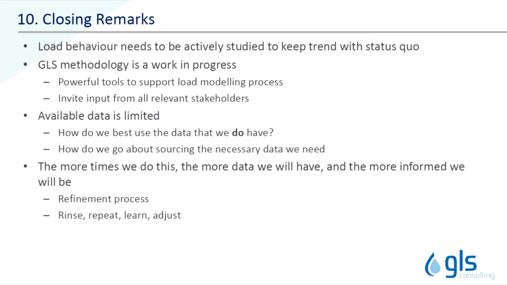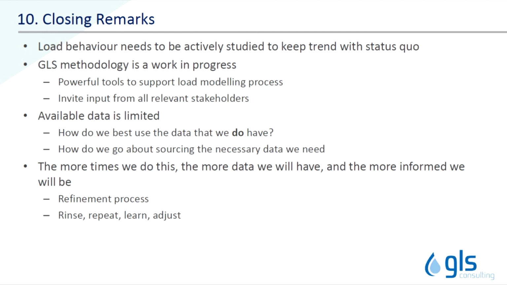So in terms of the closing remarks, load behavior needs to be actively studied to keep trend with the status quo, and that is why we have something such as the SAIEE Load Research Chapter. I've shown today that the GLS methodology is a work in progress, but we have powerful tools to support the load modeling process, and we invite input from all relevant stakeholders.